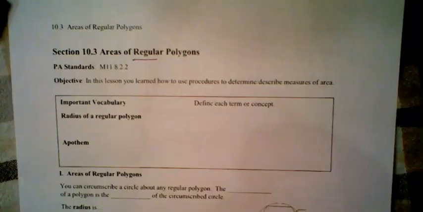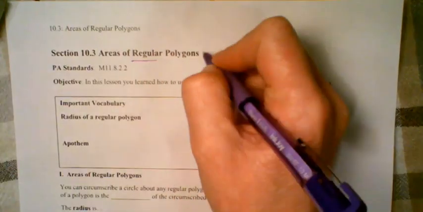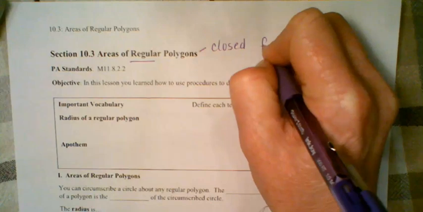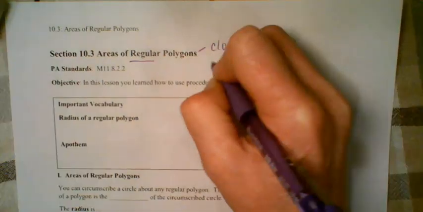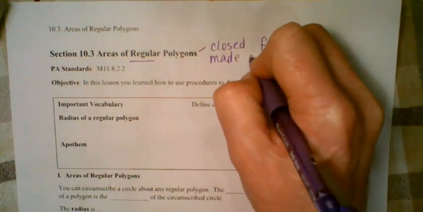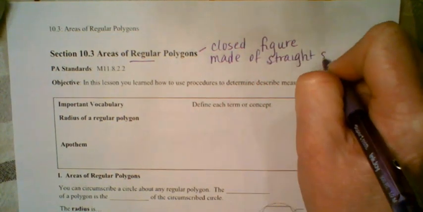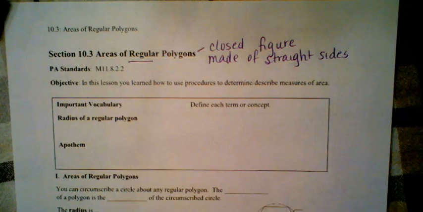Just want you to remember that a regular polygon, first of all, a polygon is a closed figure made of straight sides, right?